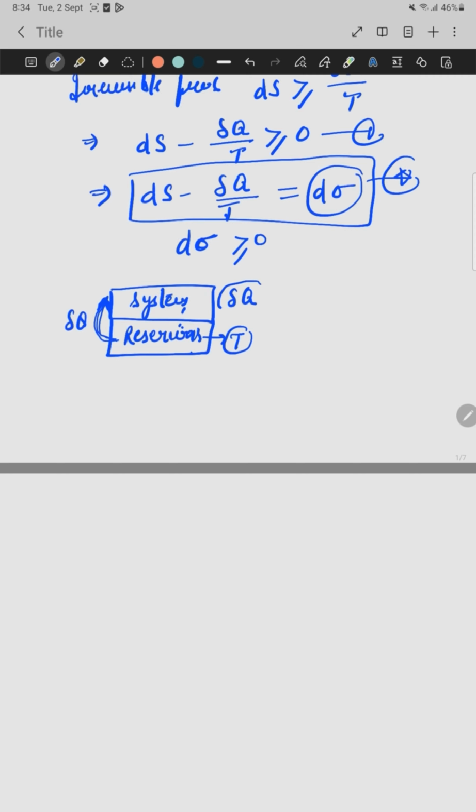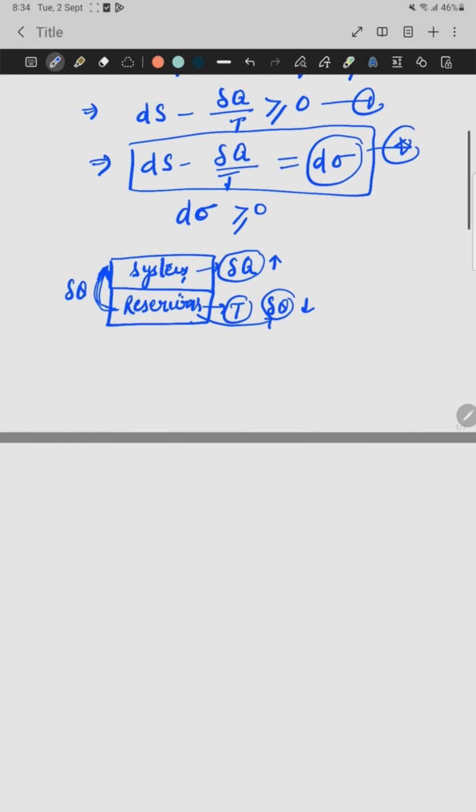It means đQ amount of heat is increased in the system and đQ amount of heat is decreased in the surrounding or reservoir. The decrease in heat in the surrounding is represented by -đQ. Minus represents that the heat is going out, plus indicates the heat is coming inside.